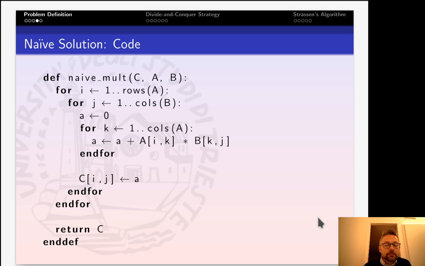I think this is all. So a naive solution. Let's see a naive solution, an algorithm solving the problem in the naive way. So this is the naive solution for the matrix multiplication problem. So I'm taking A and B, and the third parameter, C, would be used as output, let's say.